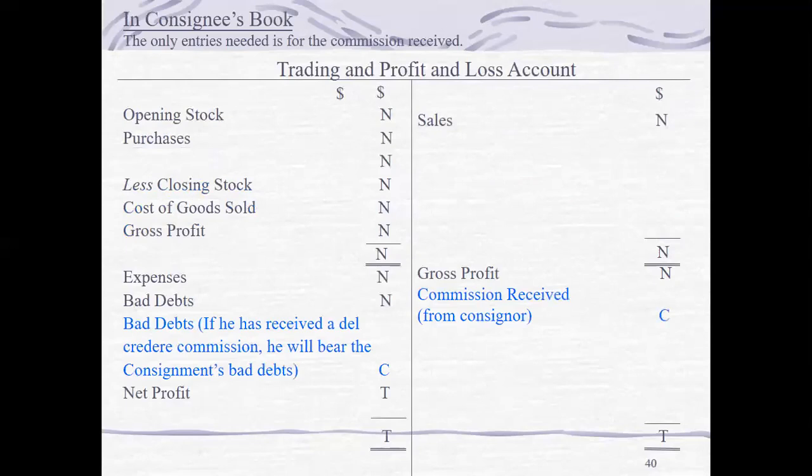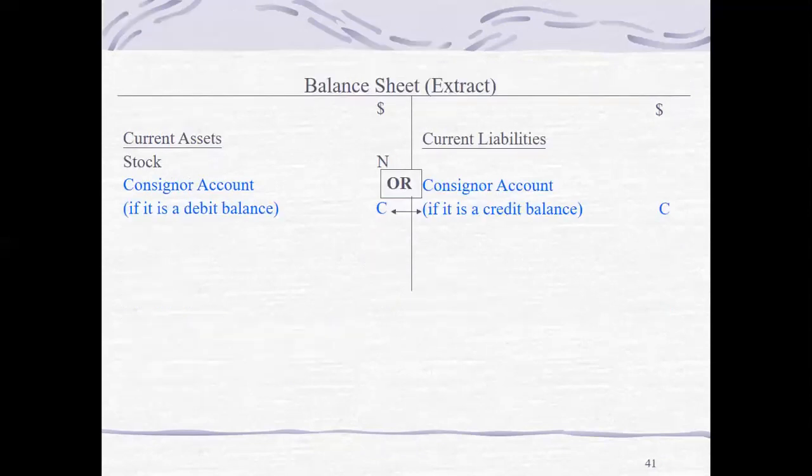Okay, what about the consignee's books of accounts? For the consignee, we have to take note that those are goods of the consignor, so such would not form part later of the balance sheet on the part of the consignee. So that will never be part here.